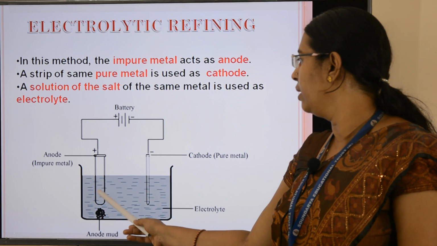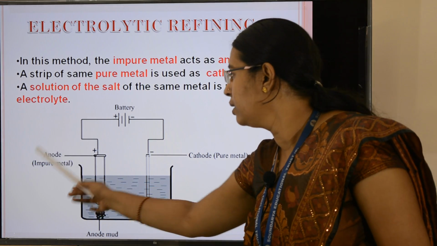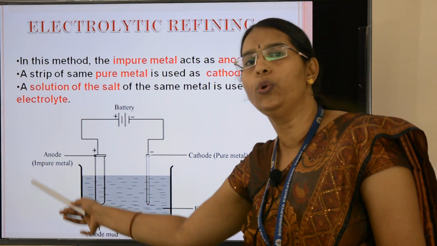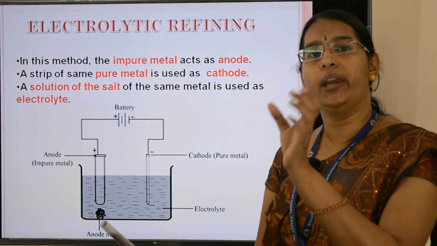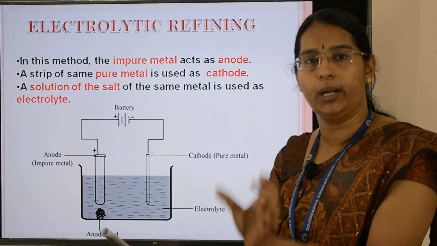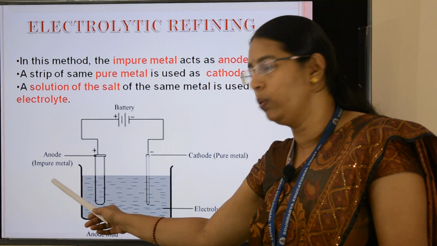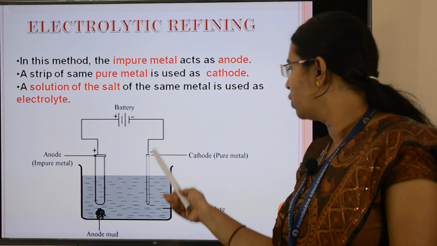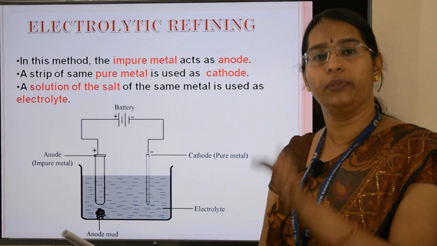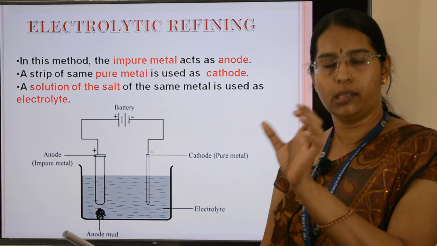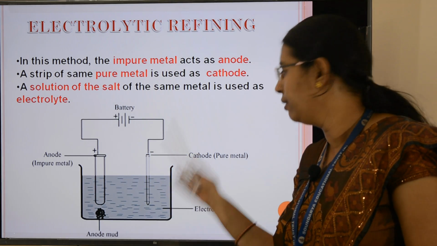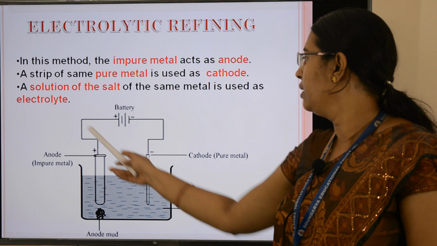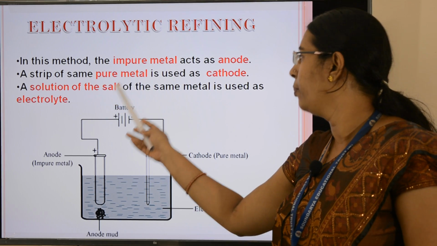In this particular case, the anode is taken as the impure metal which has to be purified. Generally, a very thick rod of impure metal is taken as the anode, and the same pure metal is taken in the form of a very thin strip as the cathode, and then it is connected to a battery.